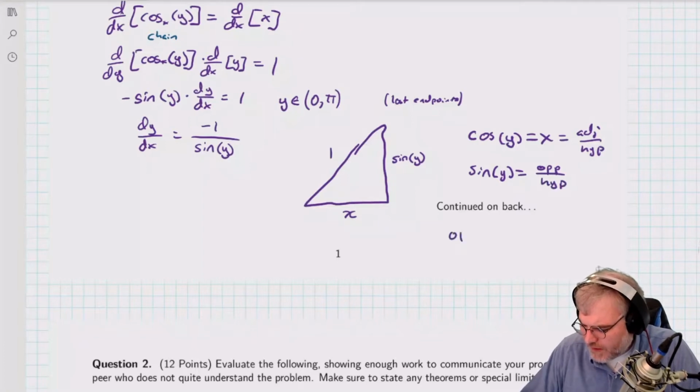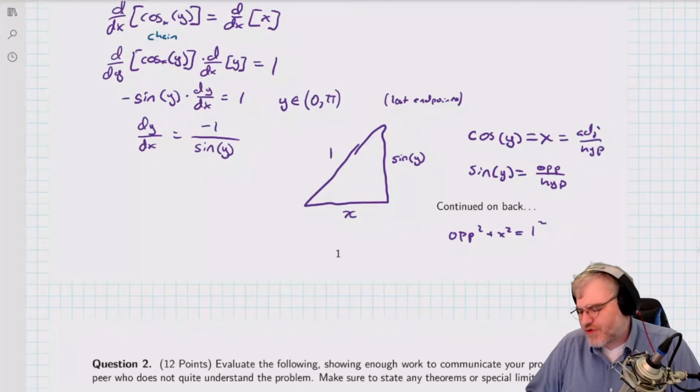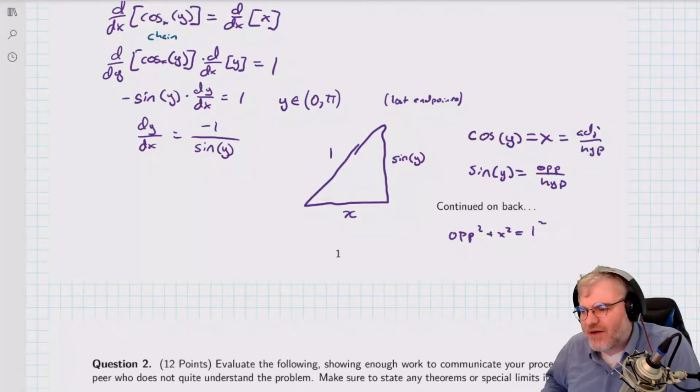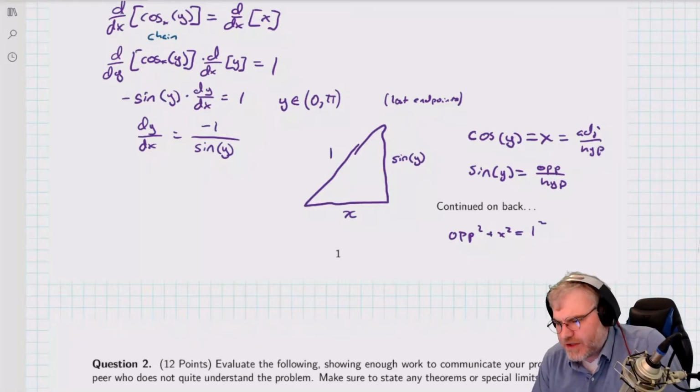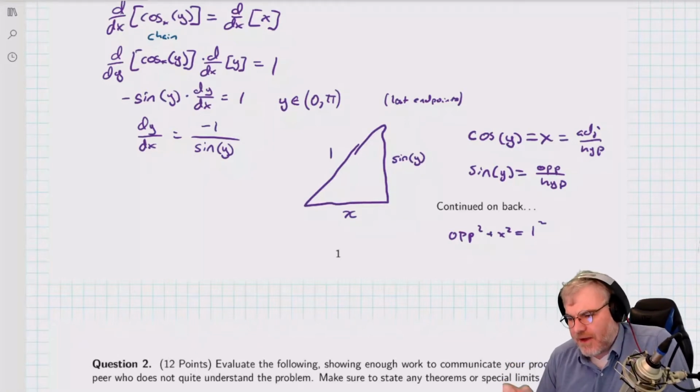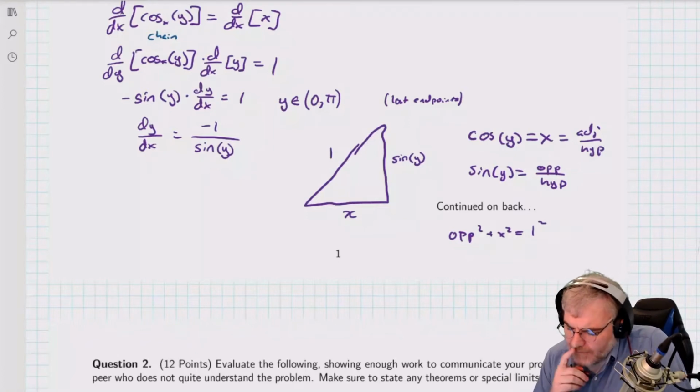So the opposite squared plus x squared equals 1 squared. And I just kind of do this over to the side as notes. Now, is that clean? Is that perfect? If I was in a Bridge to Abstract Math class, I would probably get, no, you need to make this perfectly. And then how do I determine where things go?